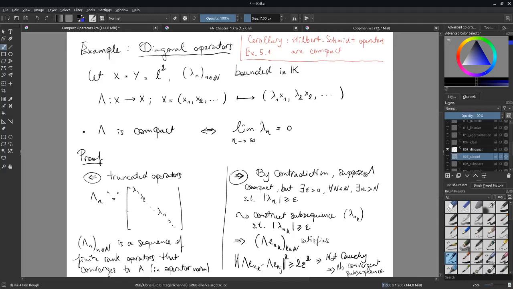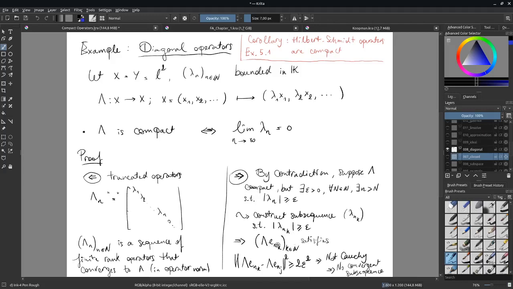Suppose the operator is compact, but that λn does not converge to 0, so you find some epsilon greater than 0 such that the λn are always larger than epsilon, at least in absolute value. And so you can take a subsequence λnk such that all of the λnk are greater than epsilon.